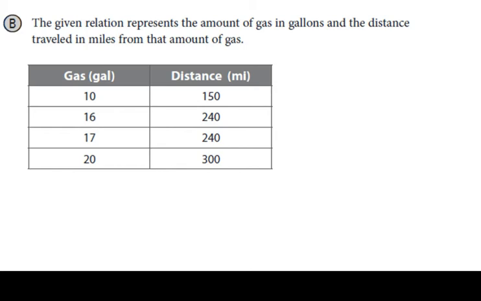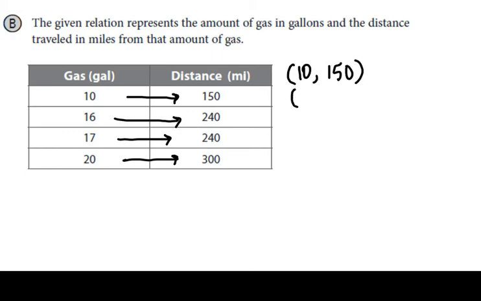So when we have 10 gallons of gas, we travel a distance of 150 miles, 16 gallons of gas, 240 miles, 17 gallons of gas, 240 miles, 20 gallons of gas, 300 miles.